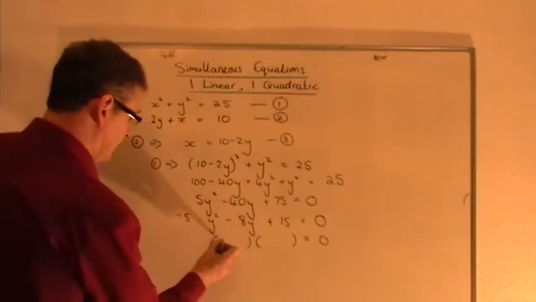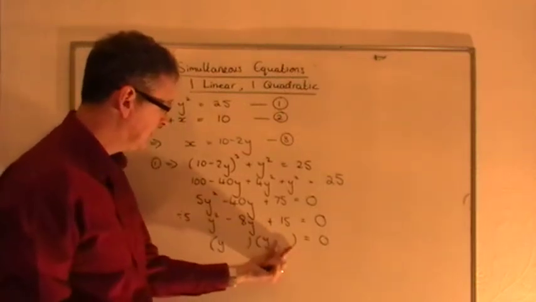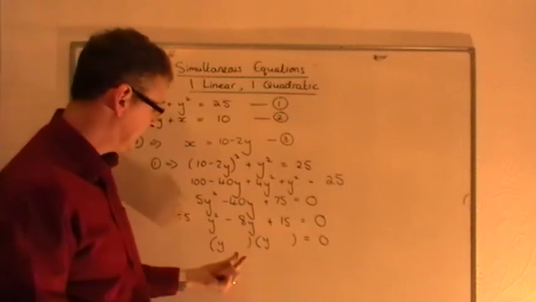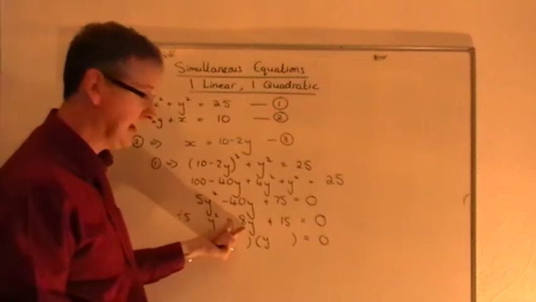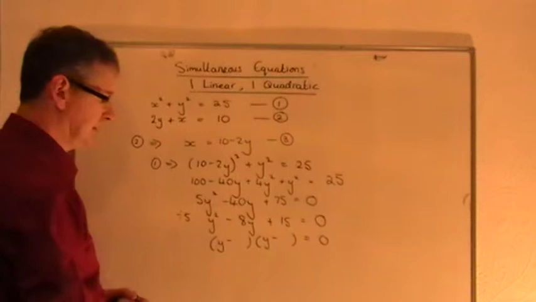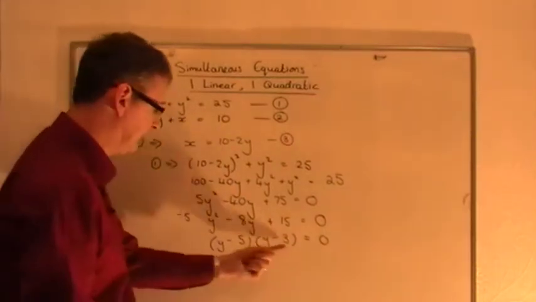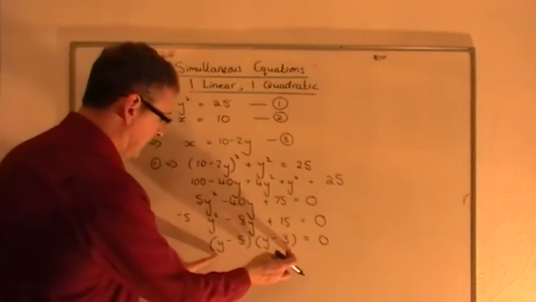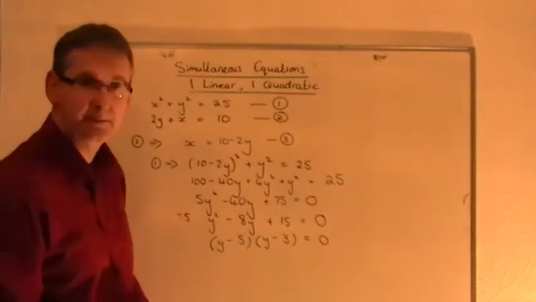If it's a y squared, it must be a y with a y. This number multiplied by this number gives you a positive 15. That means they're either both negatives or both positives. If it's a negative 8y in the middle, they must both be negatives. It's got to be 5 3's, because 5 3's make 15, and then minus 5y with minus 3y combine to give the minus 8 in the middle.